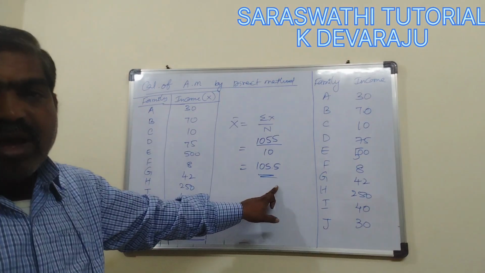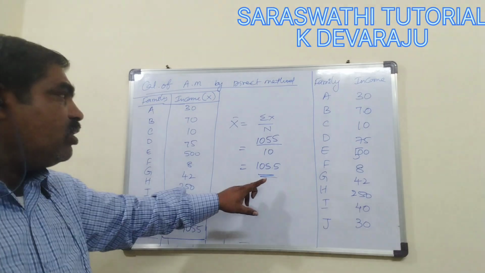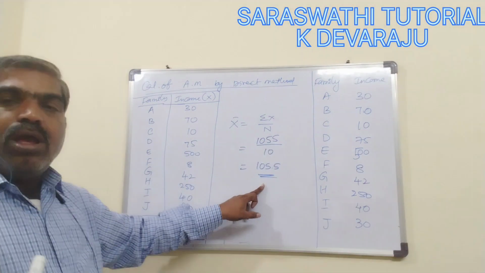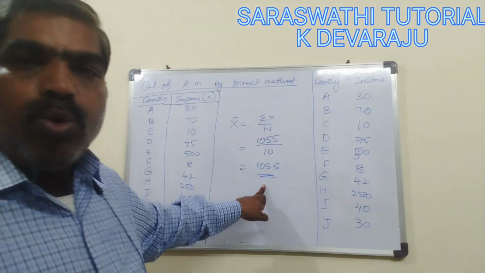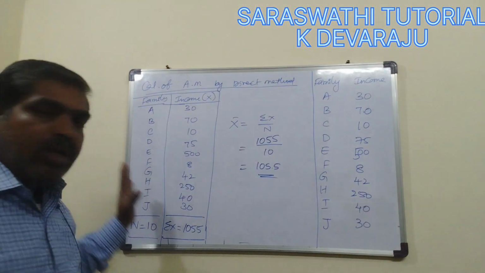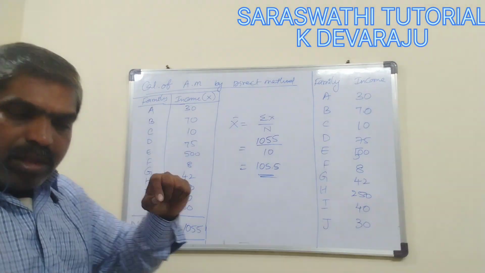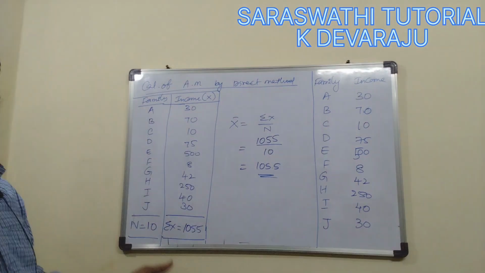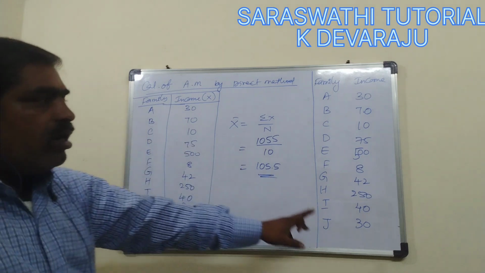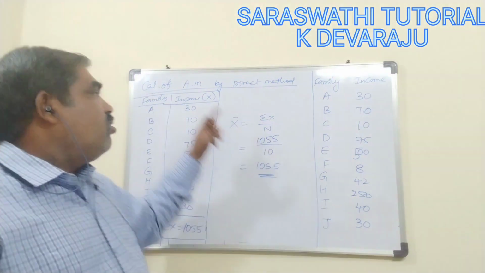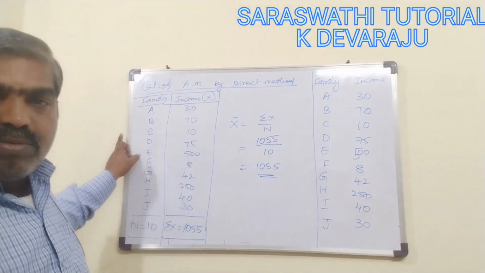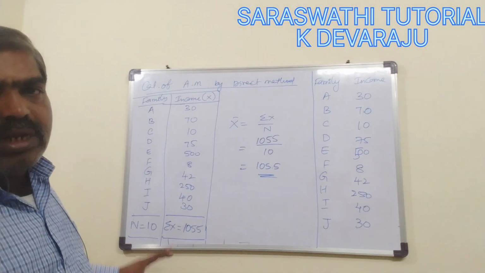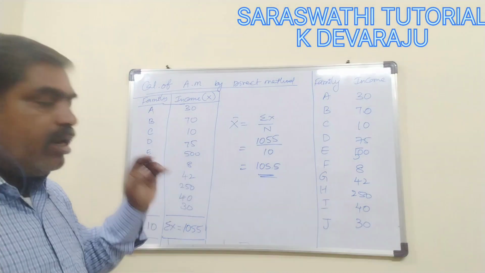Averagely, each family is getting an arithmetic average income equal to 105.5 rupees. This is the direct method. Read the question carefully: individual, so the summation of all observations divided by the number of observations. This is the arithmetic mean direct method.